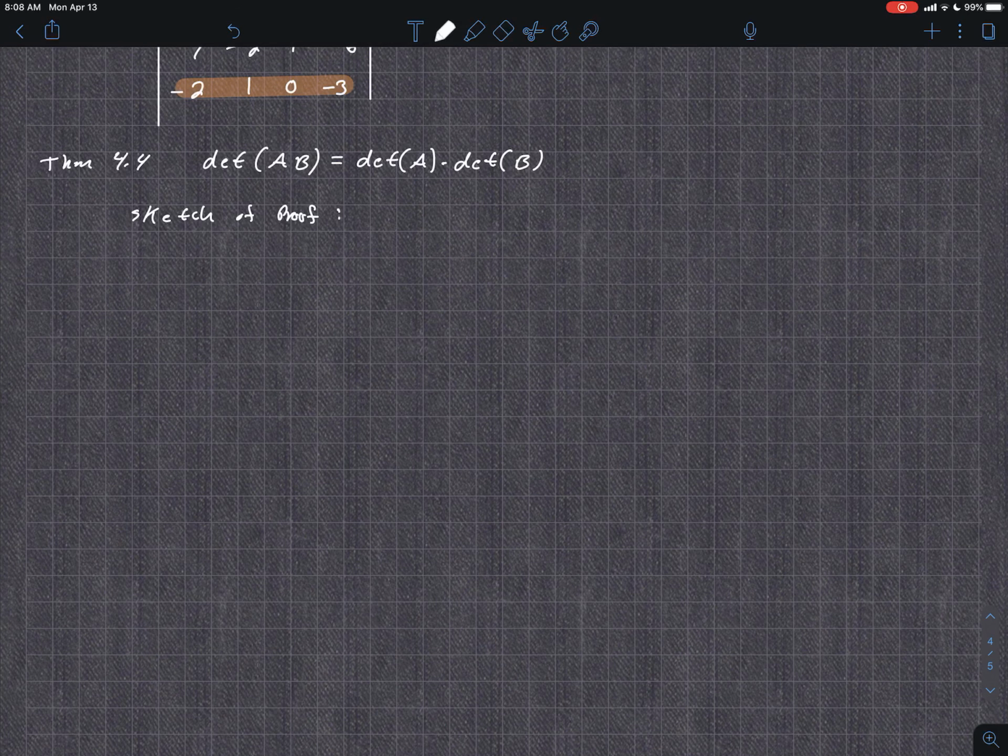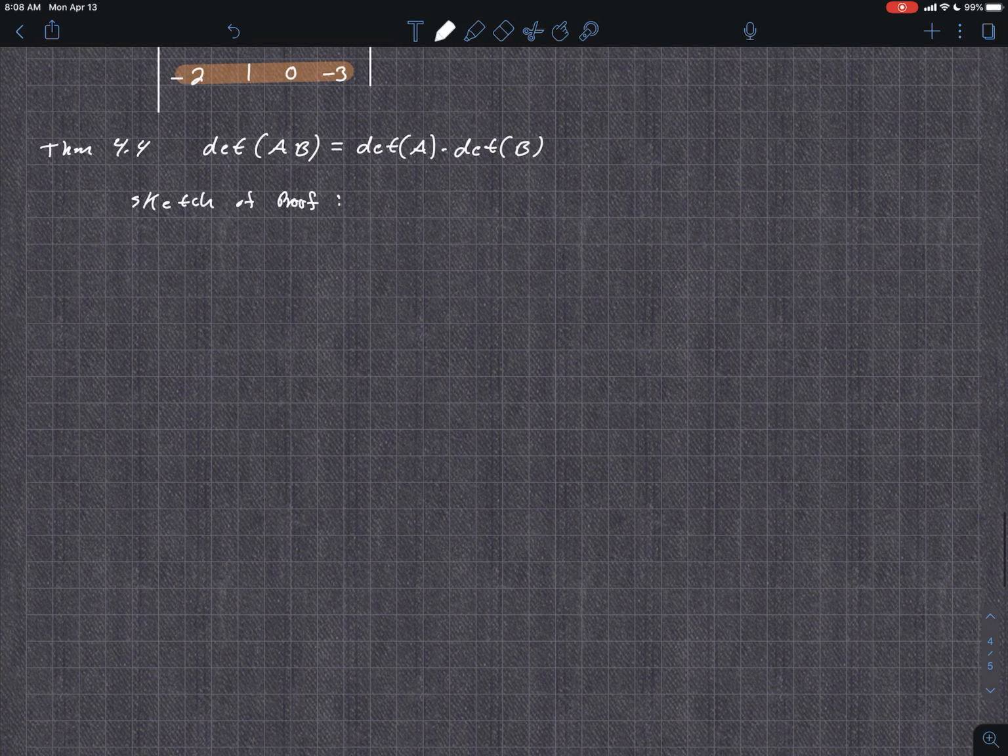So you have two matrices, A and B, square matrices, and it's not assumed that they're invertible, but we'll just look at the invertible case. First, suppose you could call this a lemma, which is what's used to prove the theorem. We'll call this lemma 1. There's not a lemma 2, but we'll just call it lemma 1 anyway.